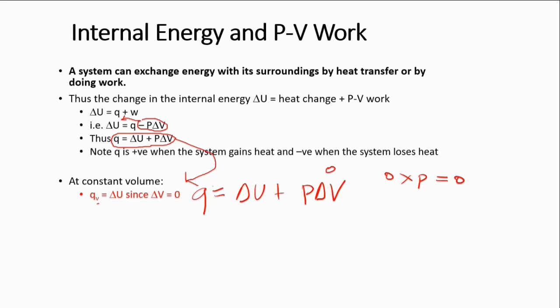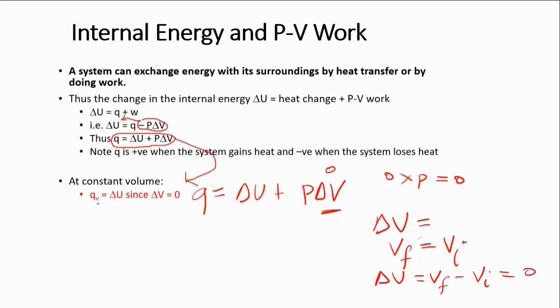Delta V being 0 comes from the fact that V final is equal to V initial, such that when you say delta V is equal to V final minus V initial, you end up with 0.